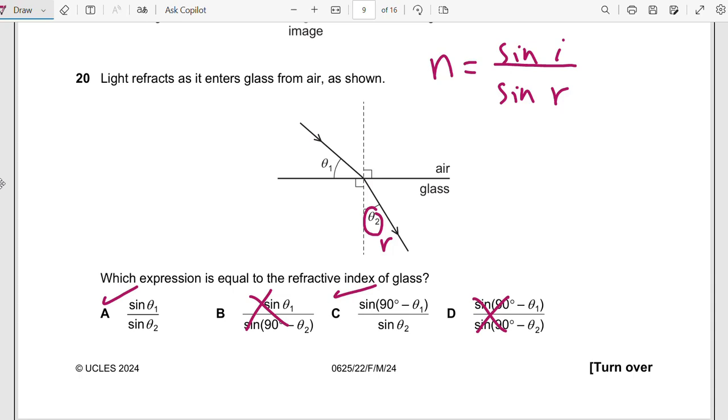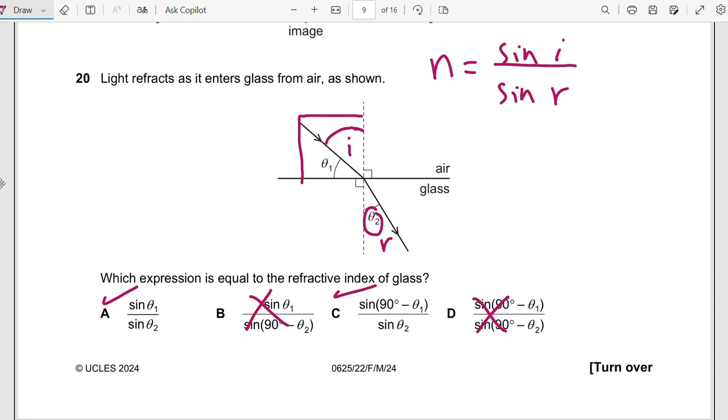Okay, now what is the incident angle? Remember, by definition, we said incident angle, it is the angle between incident ray and normal, which is this one. This is the incident angle. So it's not theta 1. Incident angle is not theta 1. Actually, theta 1 completes the incident angle to 90. Right?